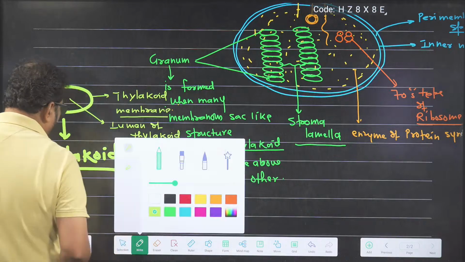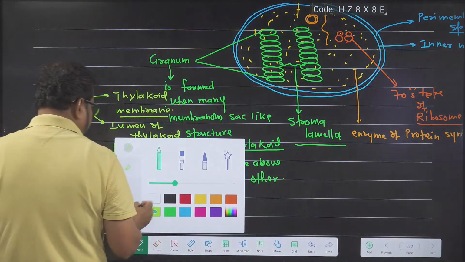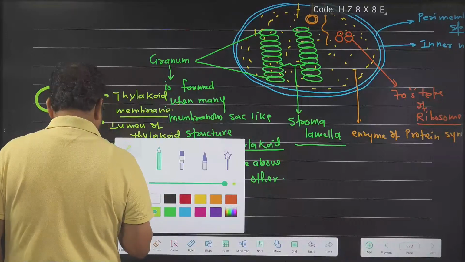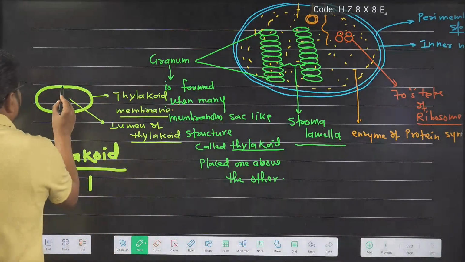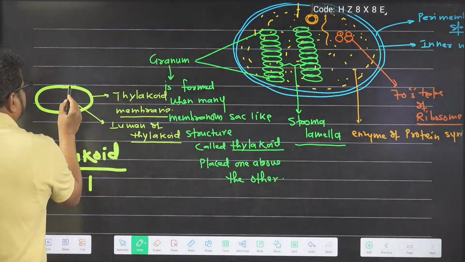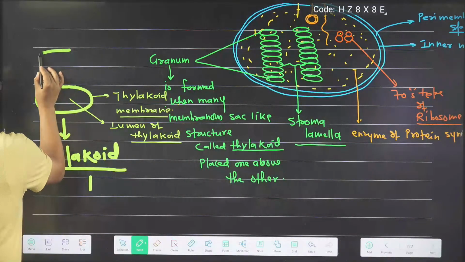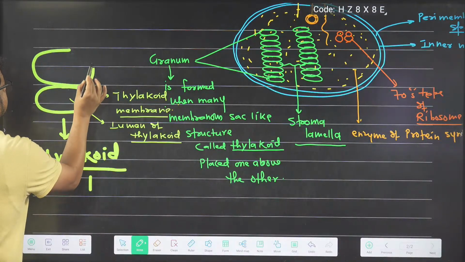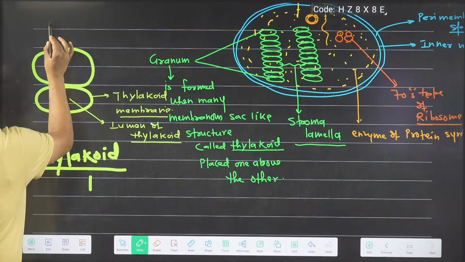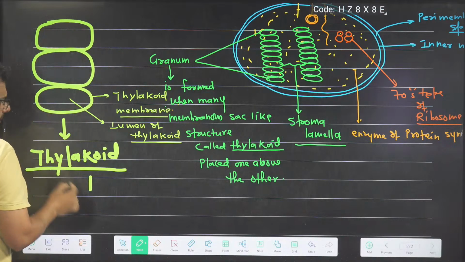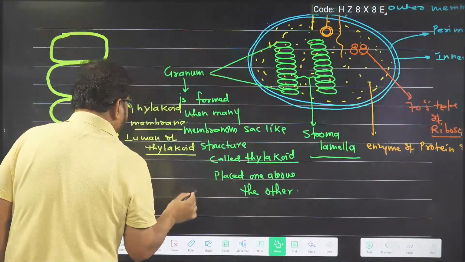Now how is it forming? Just try to understand. Another thylakoid is also coming and attaching like this. Another thylakoid. Are you getting the idea?